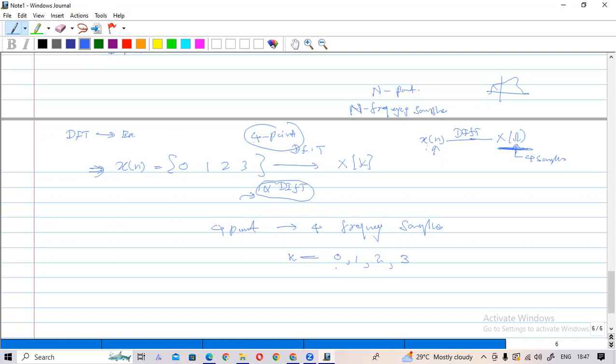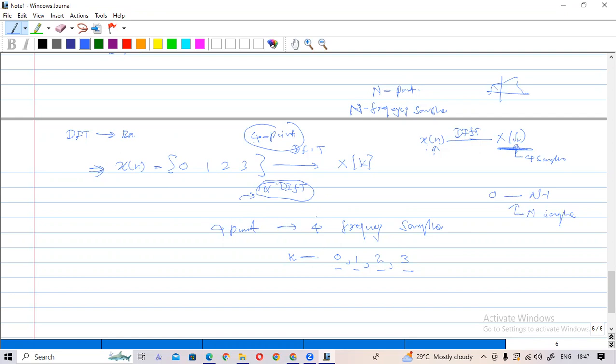So you should have only 4 samples here: 1, 2, 3, 4. The samples should start from 0. Then you will have 0 to N minus 1, so you will have N samples.